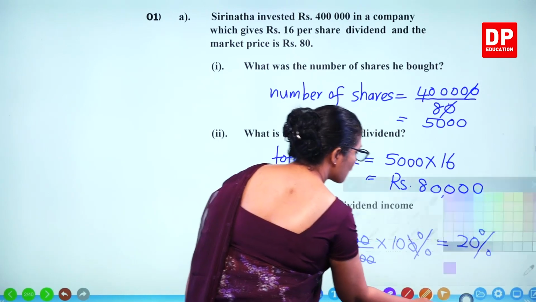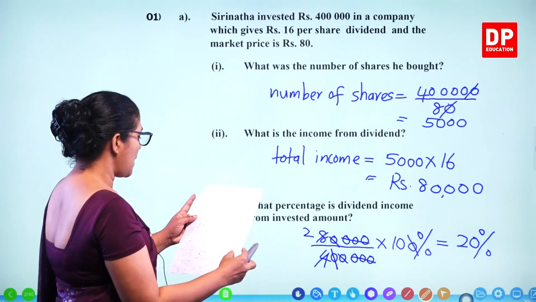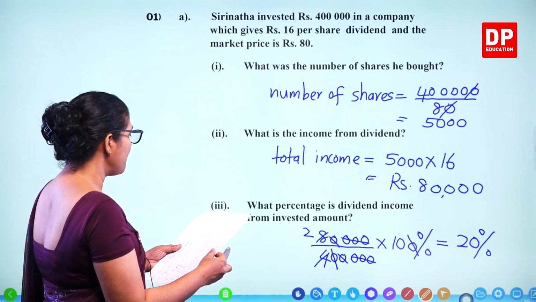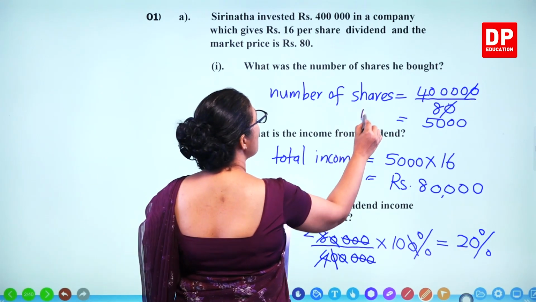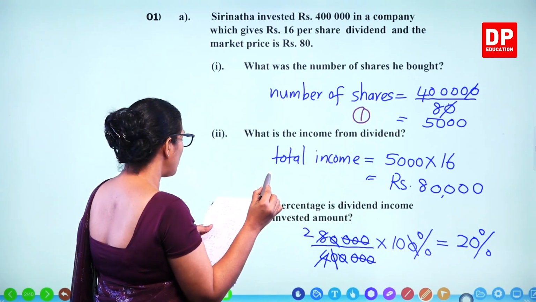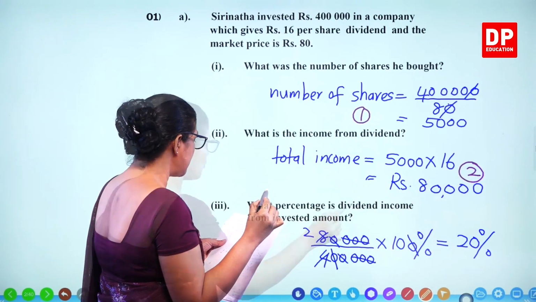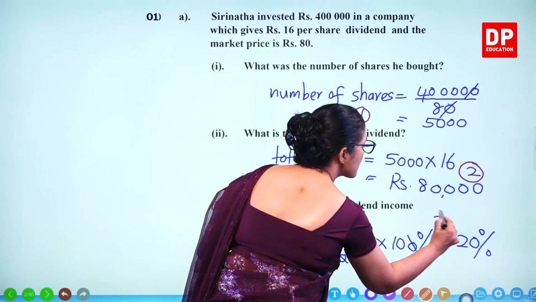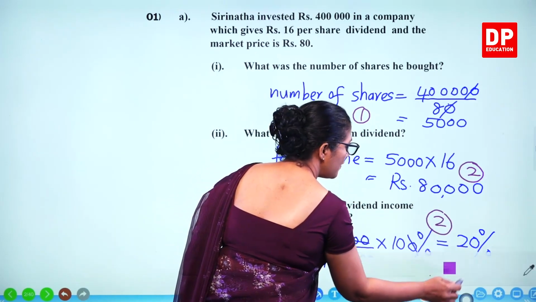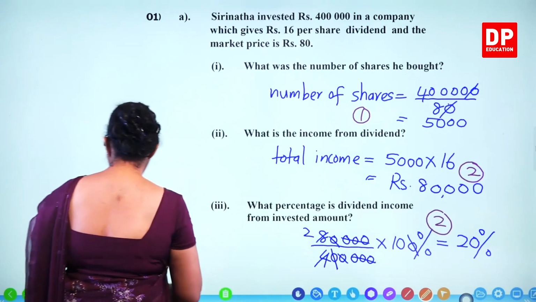So how many marks for these 3 steps? You get 1 mark for the number of shares, 2 marks for total income 80,000, and 2 marks for 20%. 5 marks for these 3 steps. So let's take the next one.